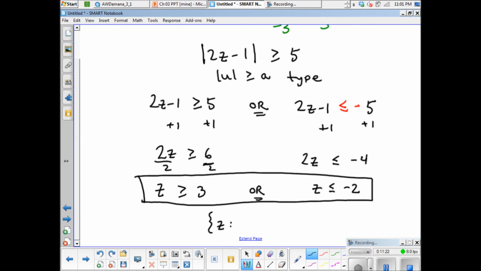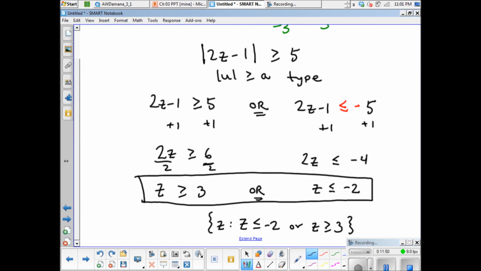So the variable for this problem is z, and then they write the two answers. You should know how to pronounce this. This is z, such that z is less than or equal to 2, or z is greater than or equal to 3. So this is pronounced "z such that."